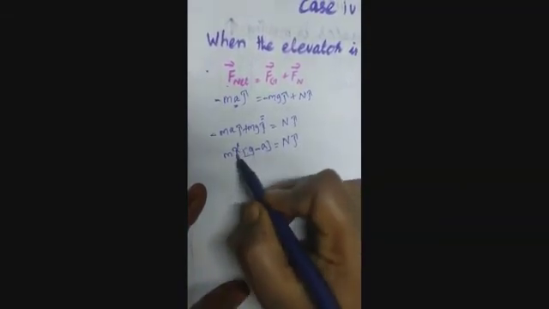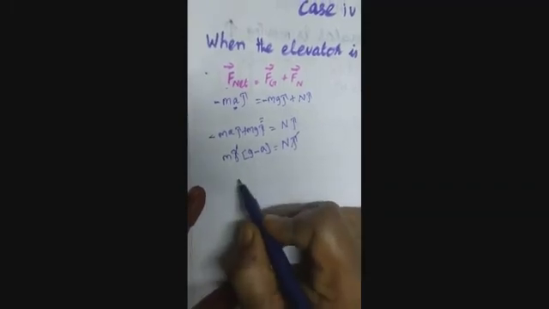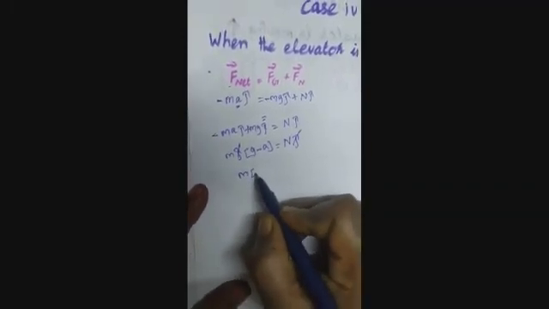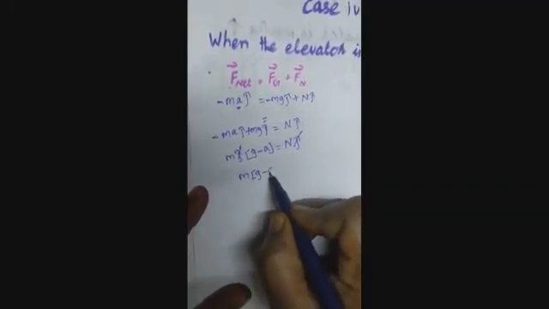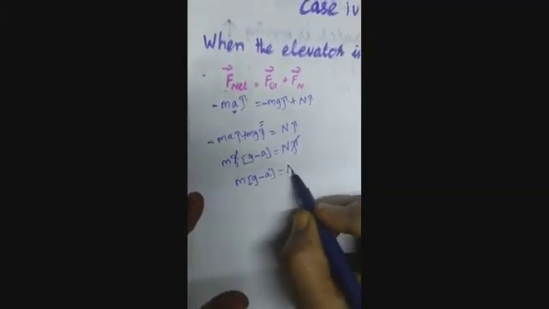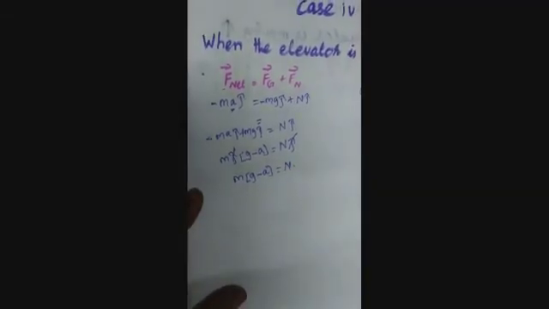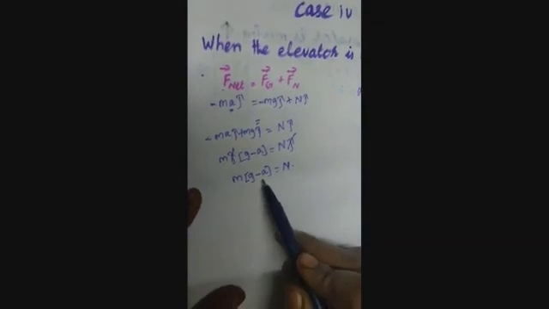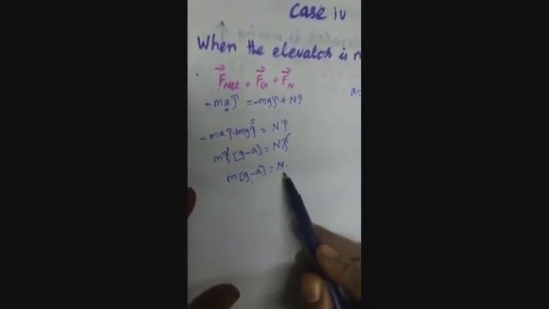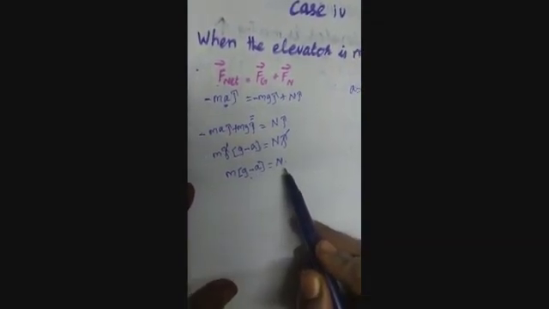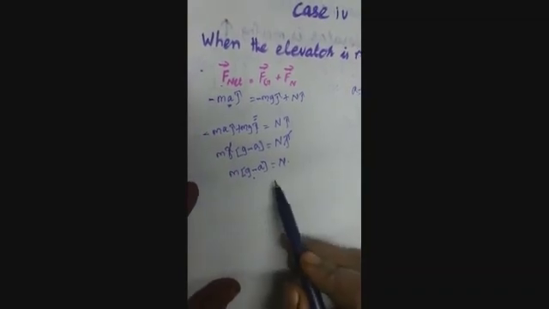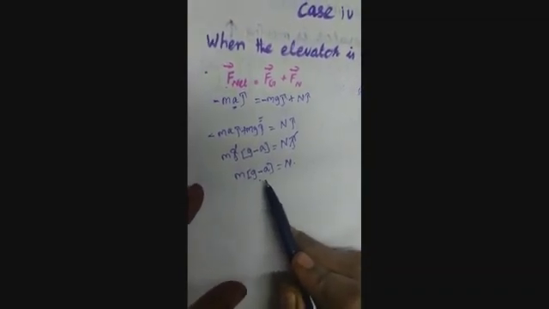Cancelling the j cap, m into g minus a equals N. So from that we see that the apparent weight is less than the actual weight. When the elevator is moving in the downward direction with acceleration, the apparent weight becomes lesser.